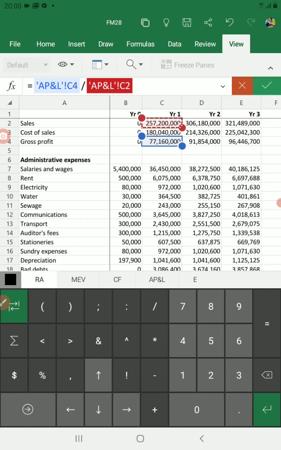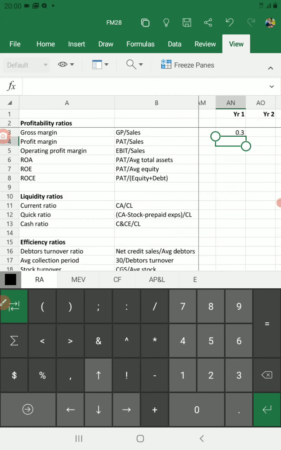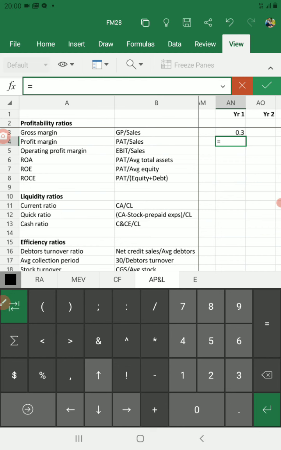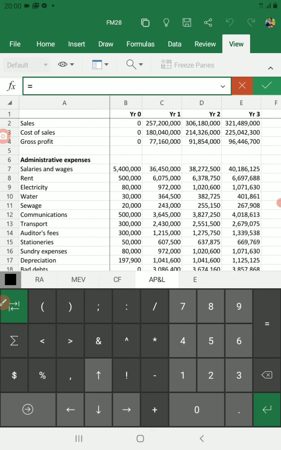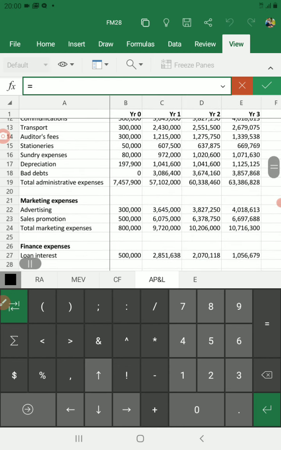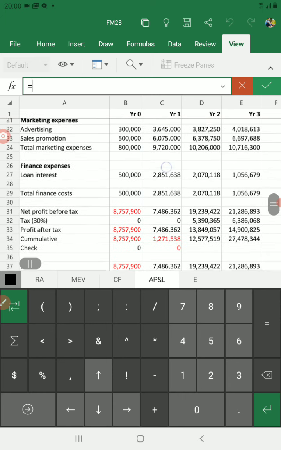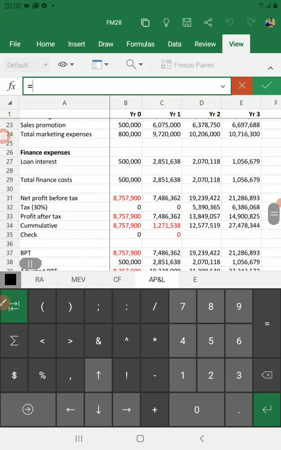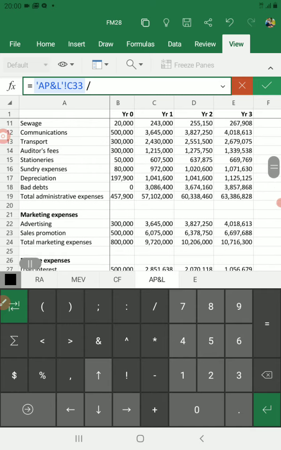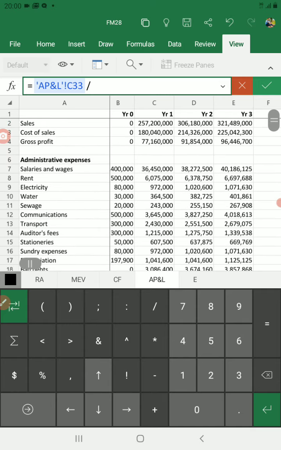Okay, press enter, and then profit margin, profit after tax divided by sales. Again, annual P&L sheet, profit after tax for year one, which is here, divide by the sales figure, which is here, press enter.